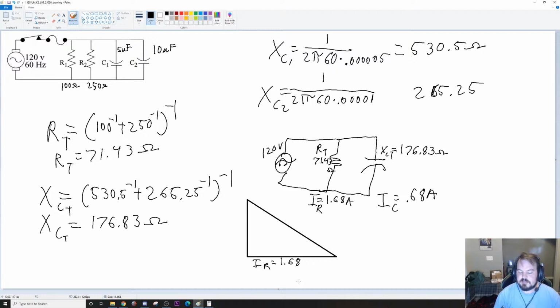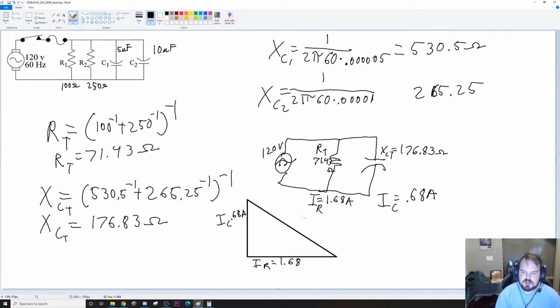Remember, in parallel, voltage is the same on both legs, so E of R and E of C are both 120. So there's no triangle because they're all at 0 degrees. Okay, and then I of C is 0.68 amps.